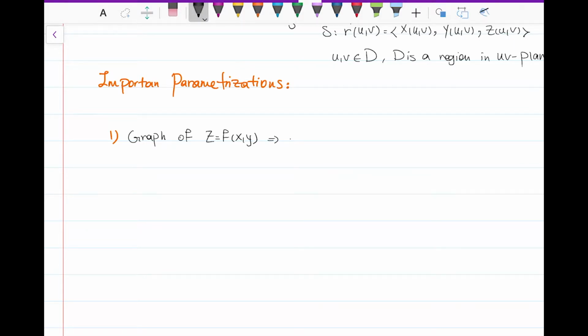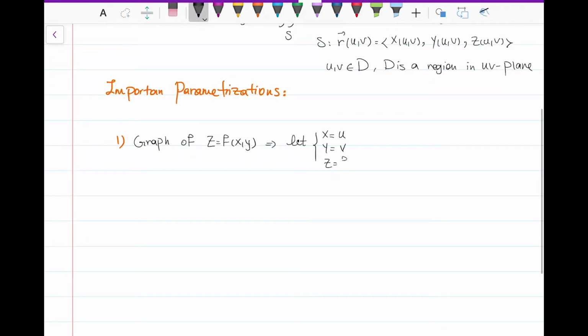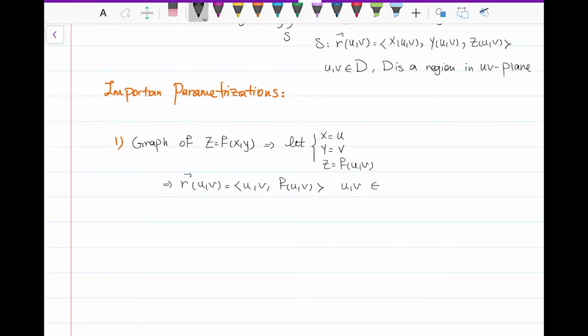In this case, I'm going to let x be my first parameter, y my second parameter, and z a function of u and v. So in that case, r of u and v would be u, v, f of u and v, and u and v are in the domain of the function f.